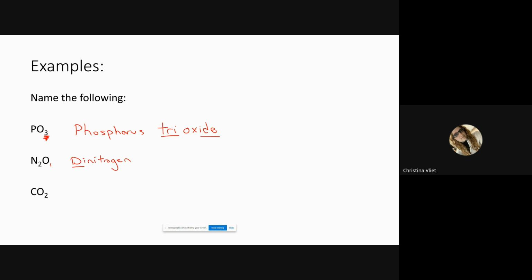It's the second element, so yes, you do. So you would say di-nitrogen monoxide. And then this one is carbon. I already mentioned.